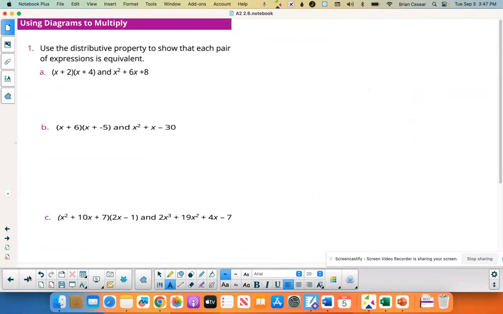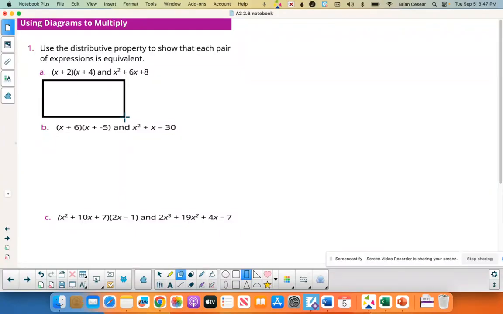Okay, so use the distributive property to show that each pair of expressions is equivalent. So I've kind of already been doing that. So I like to use the box method. I think it's nice to stay organized. So I can just multiply here. Actually, let me move this over here.